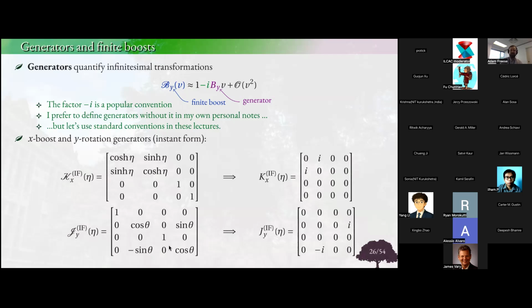Similarly, for a rotation around the y-axis, you have your cosine thetas on the diagonal, sine theta and minus sine theta for the off diagonals. You expand to linear order, the cosines become just one. You subtract off all diagonals one. The sines are theta, and you pull out a factor minus i, which will give you an i here and a minus i here.